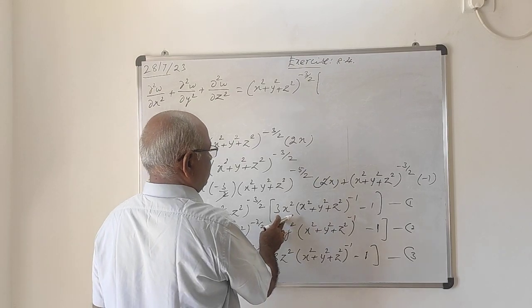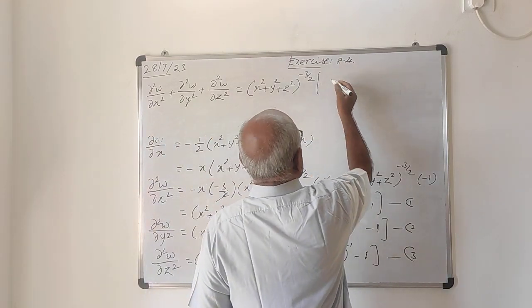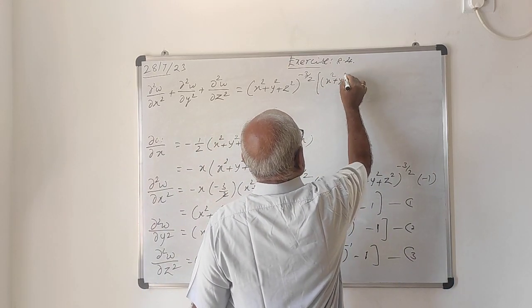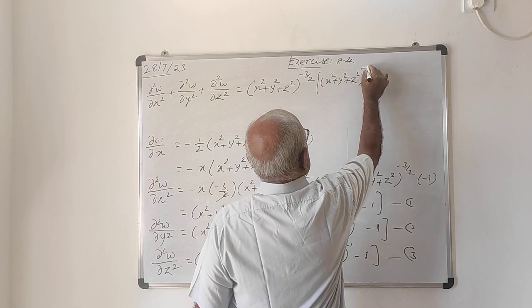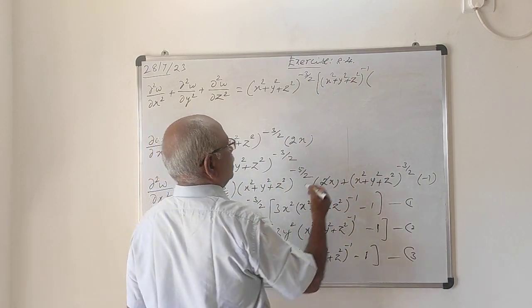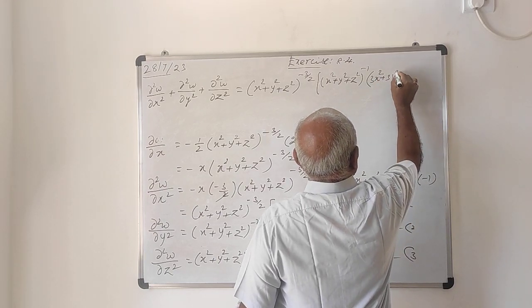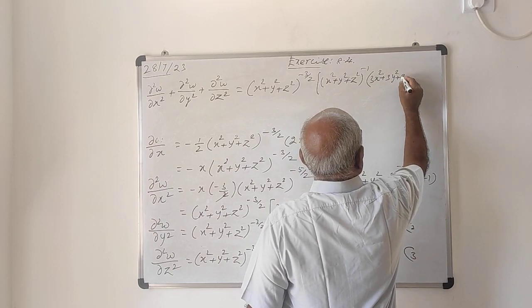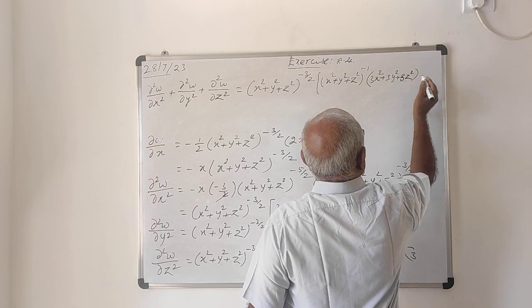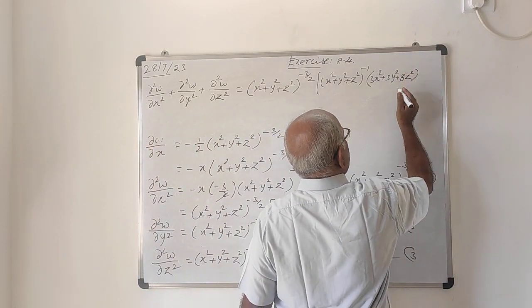Here you will get (x squared plus y squared plus z squared) power minus 1 into 3x squared plus 3y squared plus 3z squared.